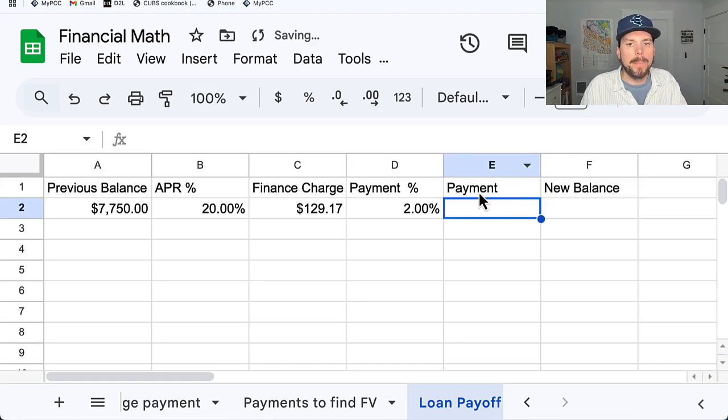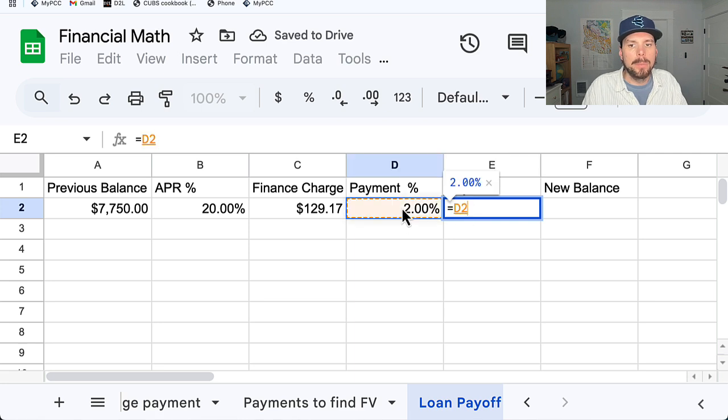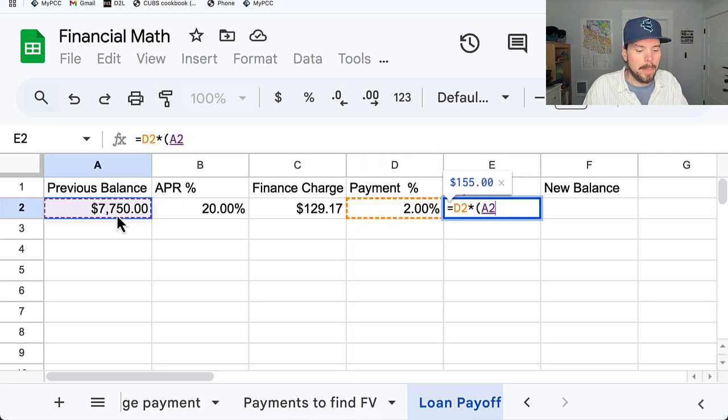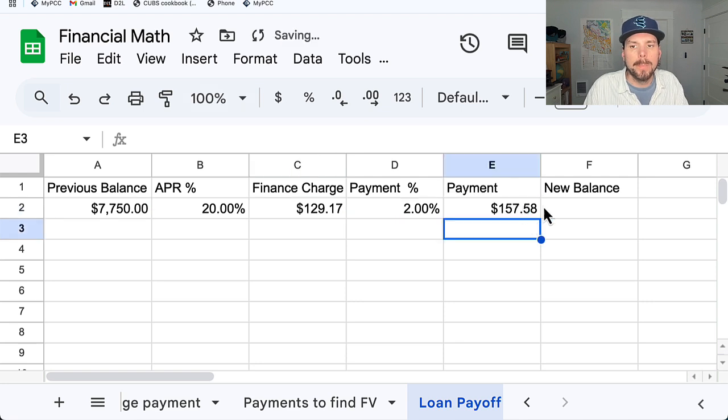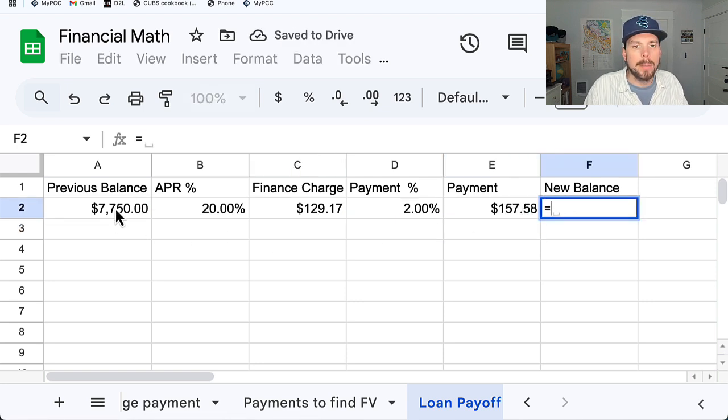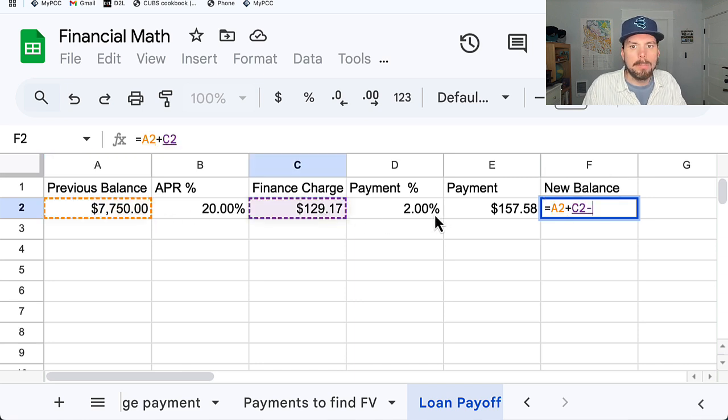The payment amount, like I said, what we need to do is 2% times the previous balance plus the finance charge. There's a nice way to do that, 2% of that total using parentheses. And now the new balance is the previous balance plus the finance charge minus the payment amount.